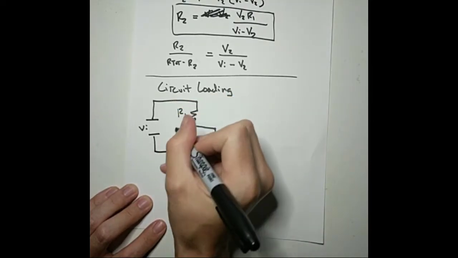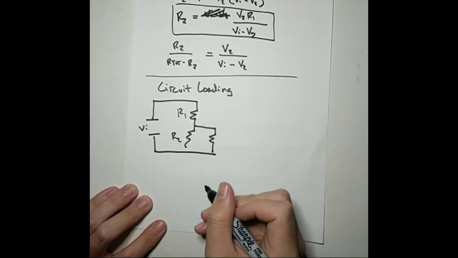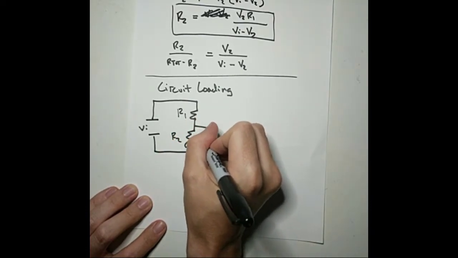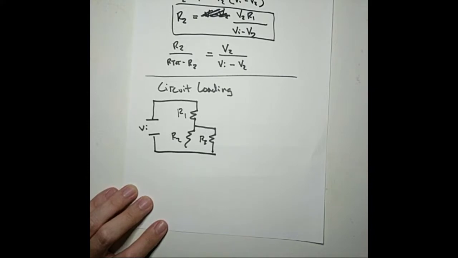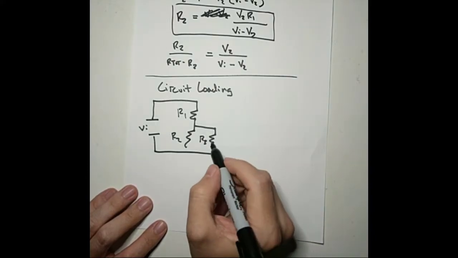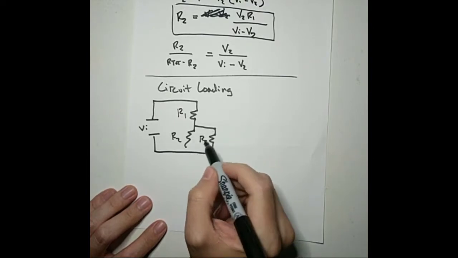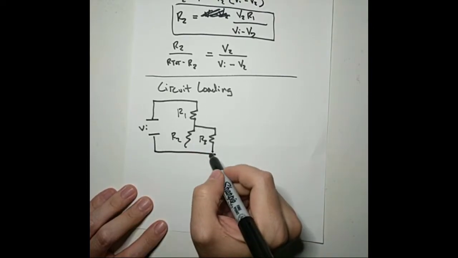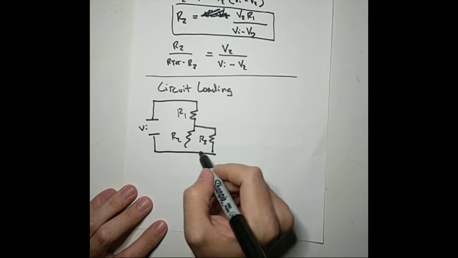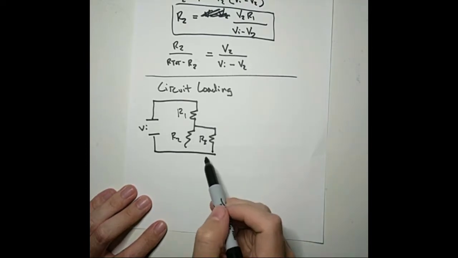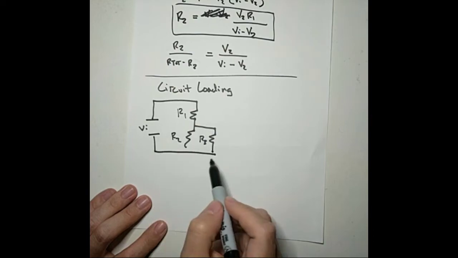So we had our basic voltage divider with R1 and R2, but if we add another resistor in parallel with R2, we call that loading the circuit. So we've added an additional load. This power source now has to provide current to flow through, given an additional path for current to flow, since we've added another resistor.